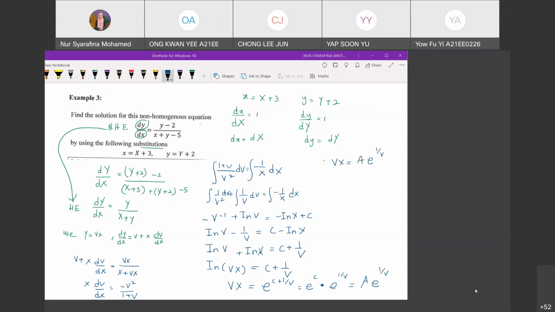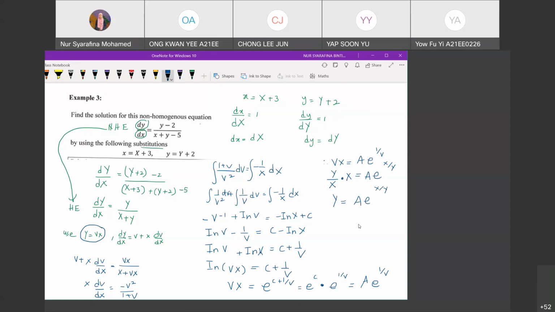Right, so substitute back. What is your v? y equals to vx, so v is y over x. So y equals to a e to the power x over y.